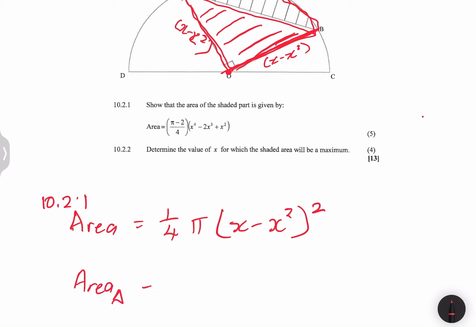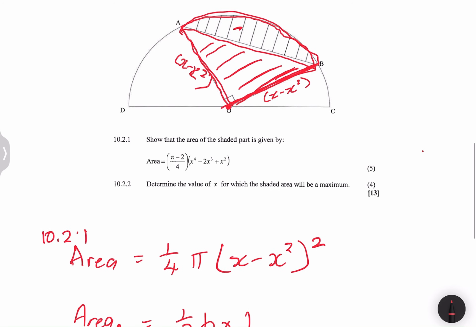Okay, right, so in this case we're going to say, well, this is half of the base multiplied by the perpendicular height. And remember, our perpendicular height is going to be that OA there, and our base is going to be OB.